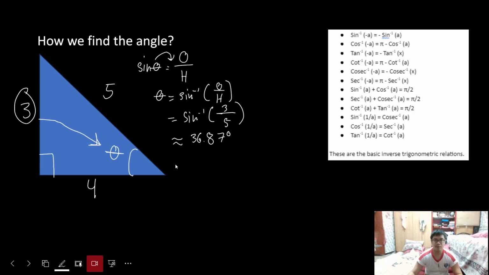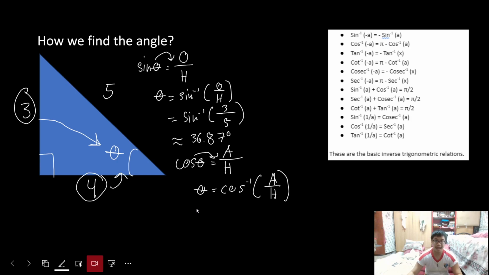Now, how about we try cosine? Okay, let's try cosine theta. So this one, it's adjacent over hypotenuse. So what to do again? You put cosine to the right, so you will have arc cosine of adjacent over hypotenuse. Okay. So here, your adjacent is your 4, since it's beside the angle.